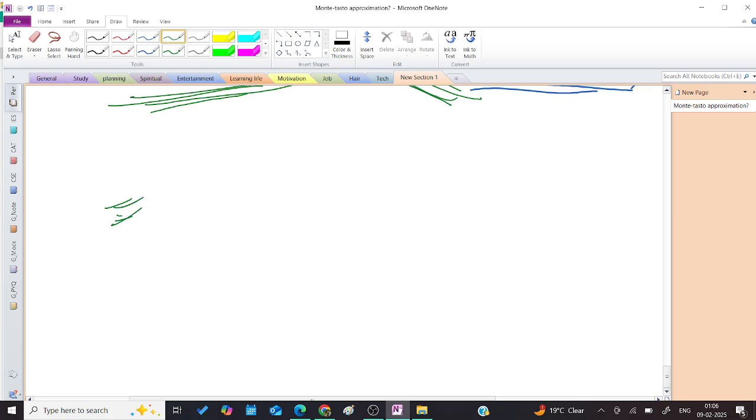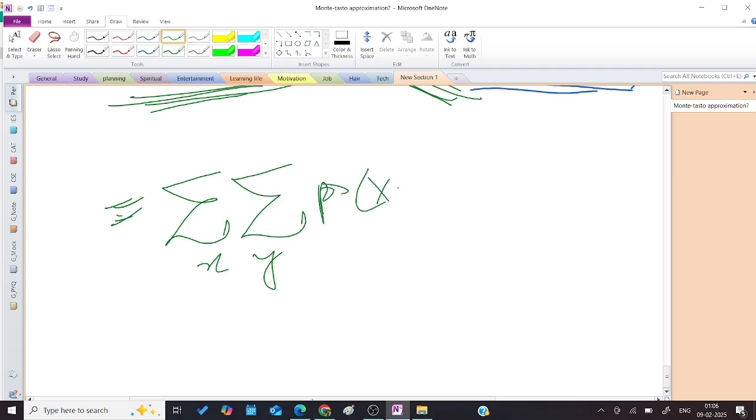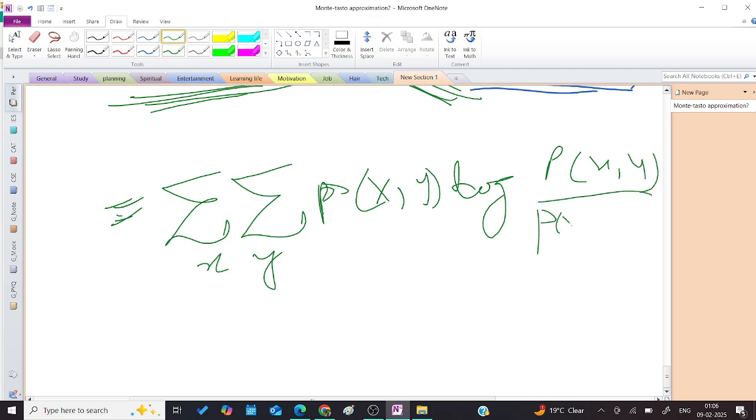If we open this formula, this will be the sum of p(x, y) log of p(x, y) over p(x)p(y).